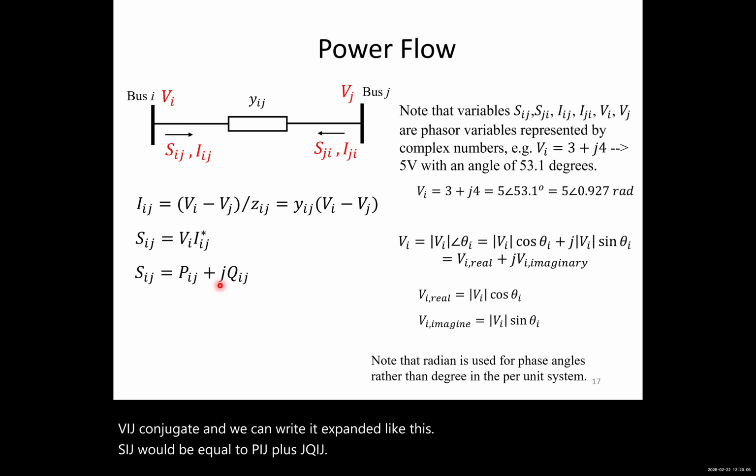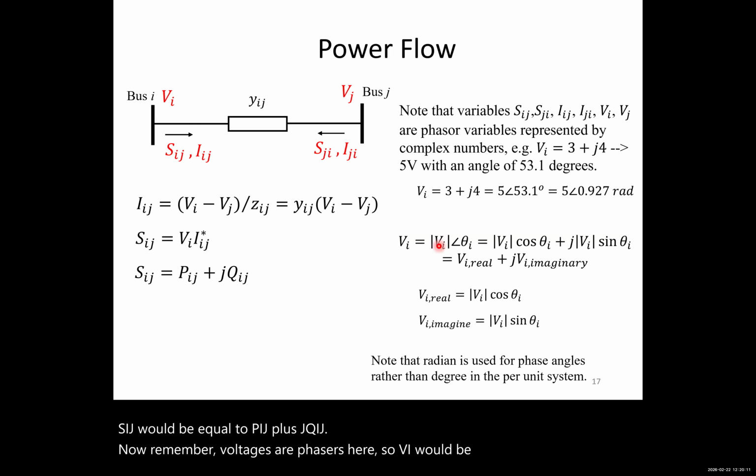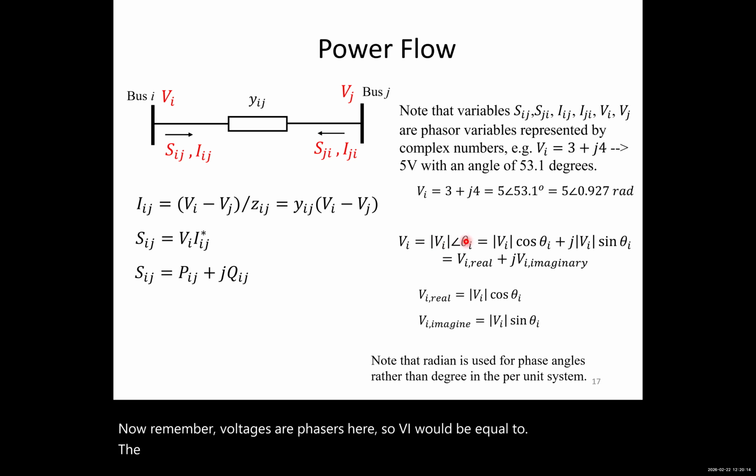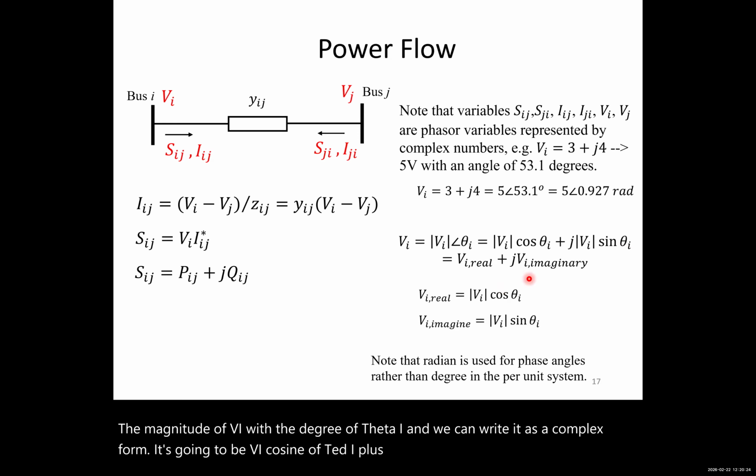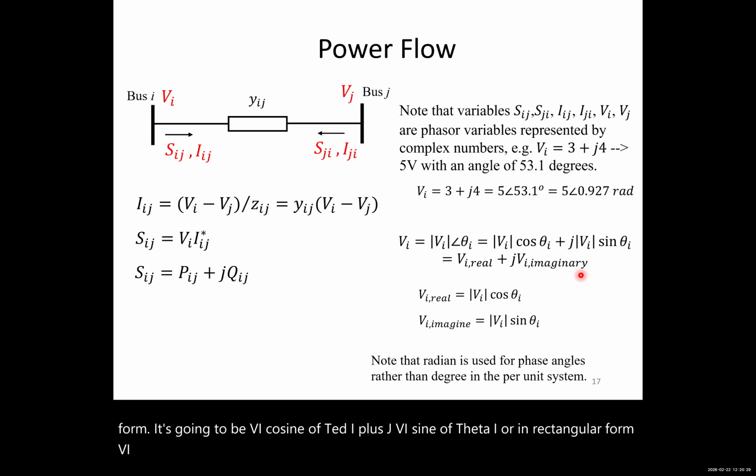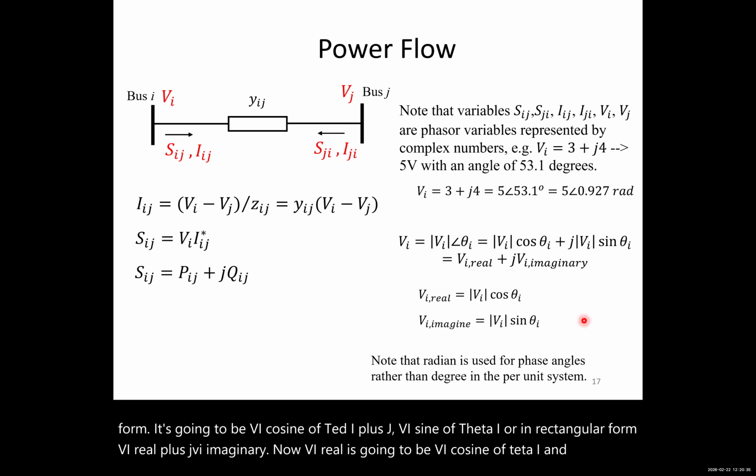Now remember, voltages are phasors here, so Vi would be equal to the magnitude of Vi with the angle theta i, and we can write it in complex form. It's going to be Vi cosine theta i plus jVi sine theta i, or in rectangular form, Vi real plus jVi imaginary. Vi real is Vi cosine theta i, and Vi imaginary is Vi sine theta i.